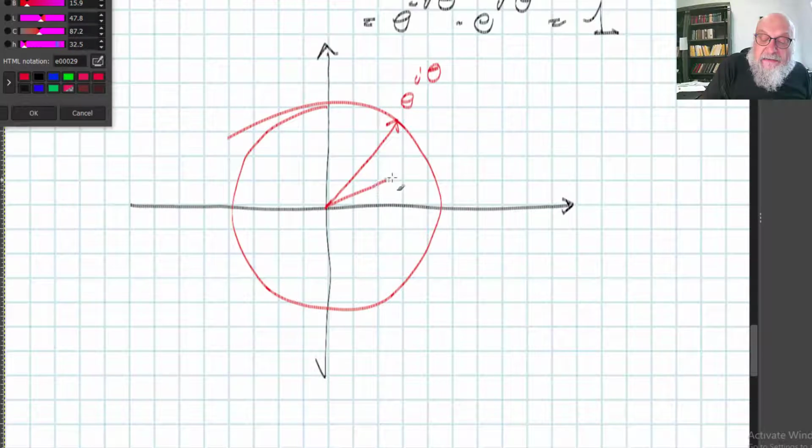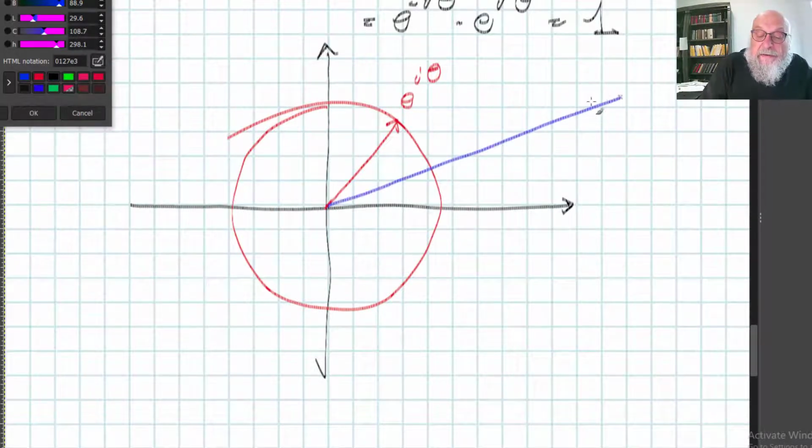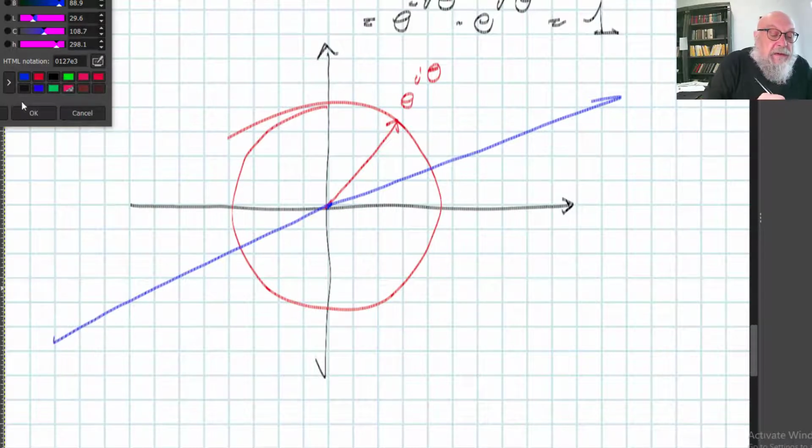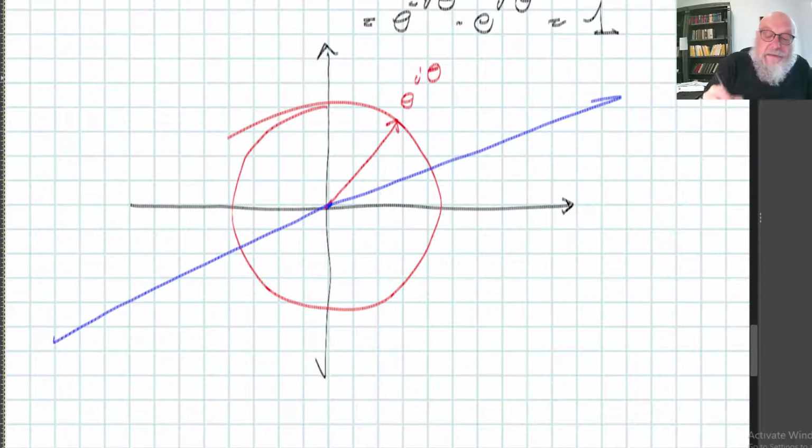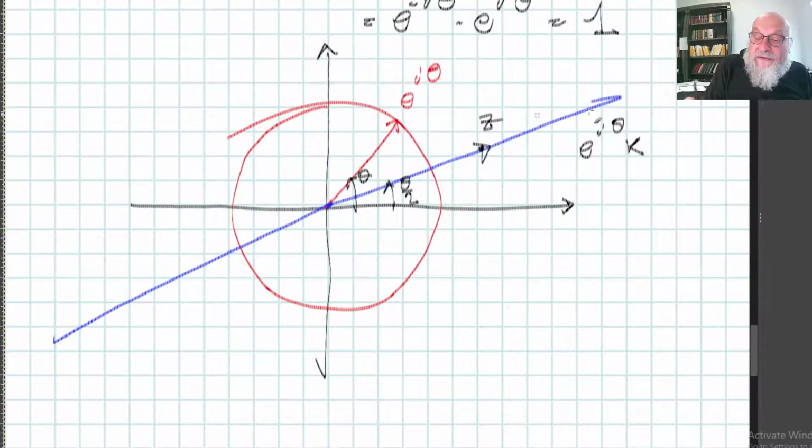This angle is theta, so I put here half of it, theta over 2. Now you can notice that if I take the element e^{iθ} kappa and apply it to the vector z, I will get exactly the same vector.